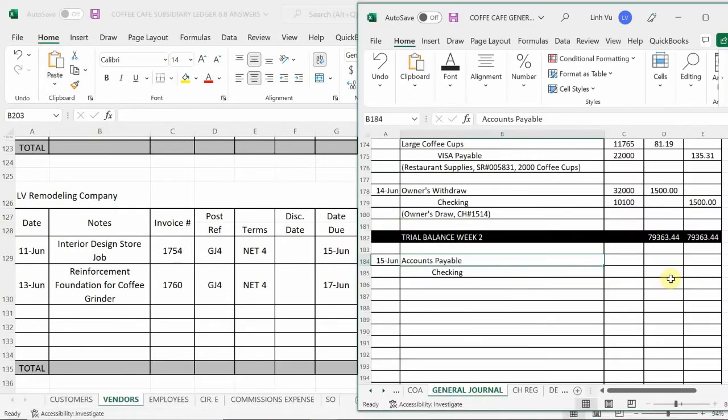So go back to your journal for $18.90. What's my accounts payable account and checking account? Checking account is 1010 for the checking.